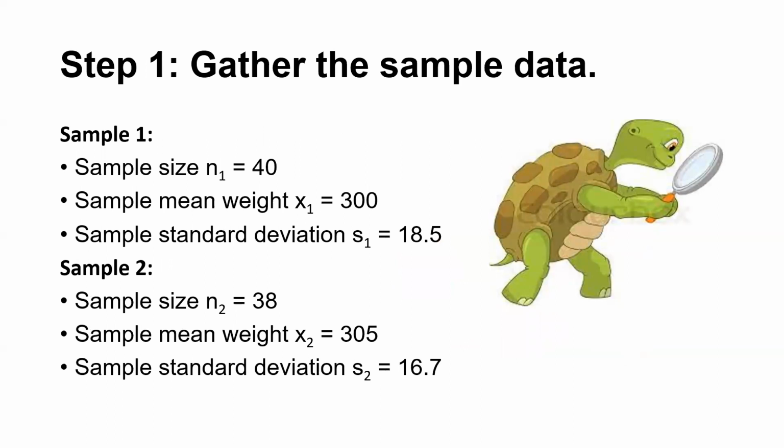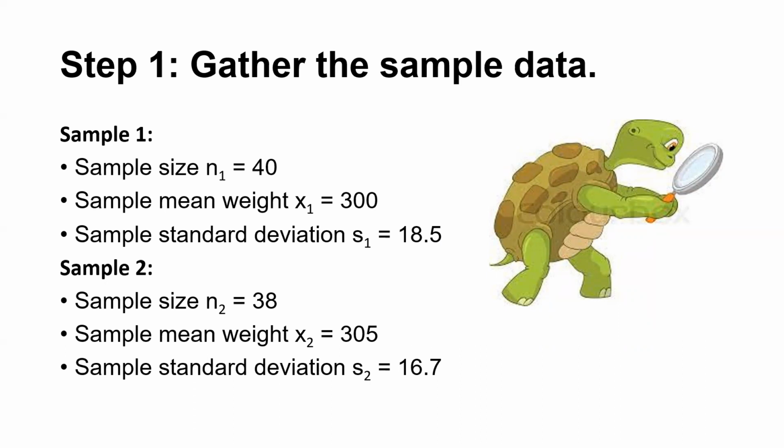So we have two samples now, and the first sample is for the first species of turtle and has 40 observations. Their average weight is 300 and their standard deviation is 18.5, right? And then the second sample has 38 observations in it. Their average weight is 305 and their standard deviation is 16.7.